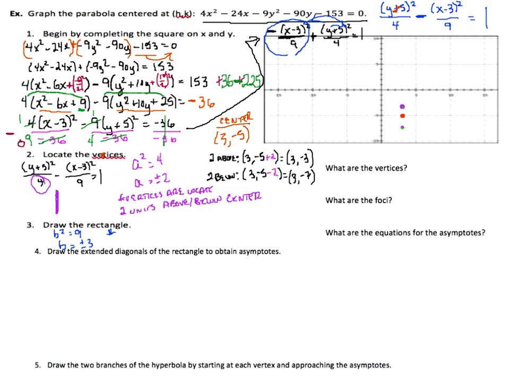That means that the sides are located 3 units left and right of center. So 3 units to the left, 3 units to the right.